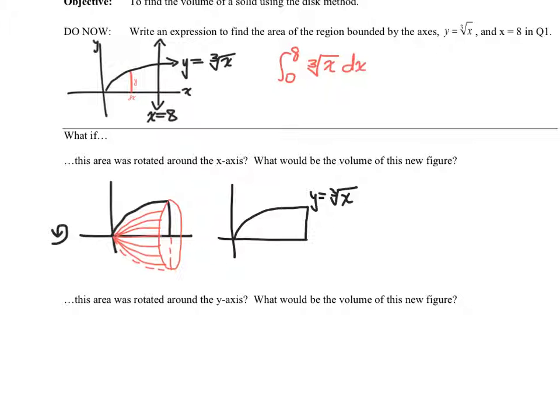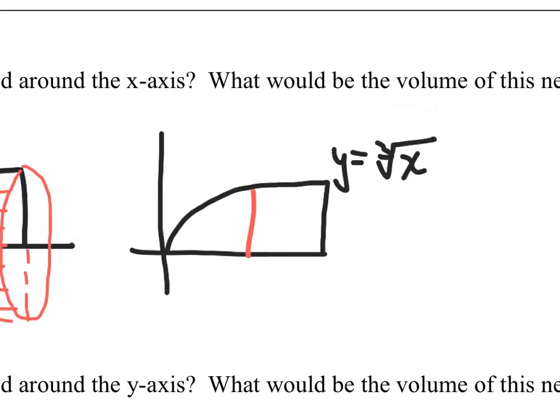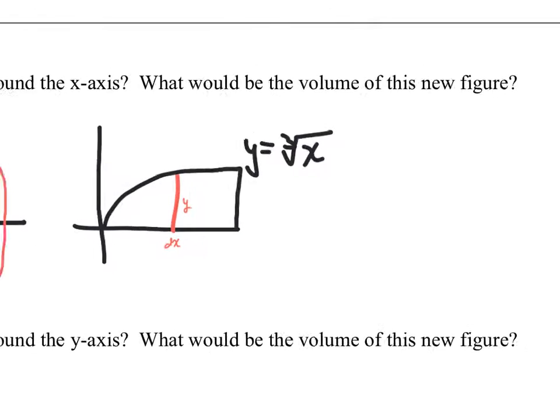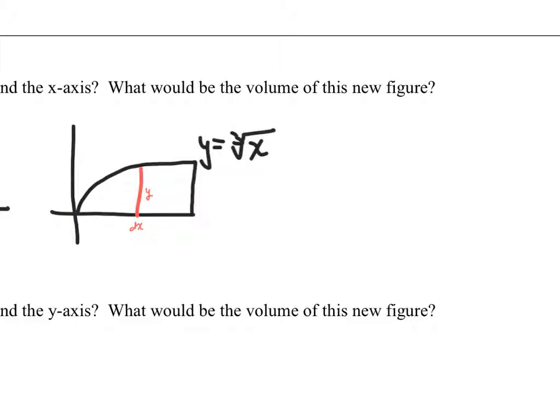All right. So I'm going to take an arbitrary rectangle on this interval, just like we did in the Do Now. All right. So I'm going to draw my lazy arbitrary rectangle. I'm going to label it up, dx and y. If I just integrated this, well then I wouldn't get what I wanted because I already know what that would give me.